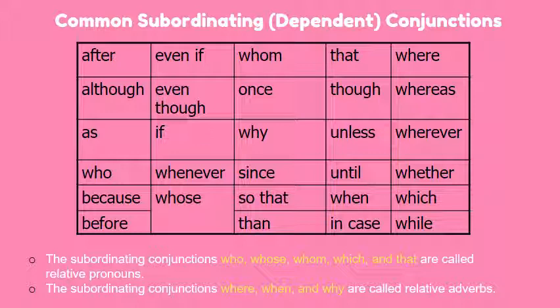Although, opposite ideas. As. Who, when we want to talk about a person. Because, for a reason. Before, it's similar to after, but opposite to it, we use it for time. Even if, here if there is a condition. Even though, also opposite ideas. If, a condition. Whenever, we use it for time.